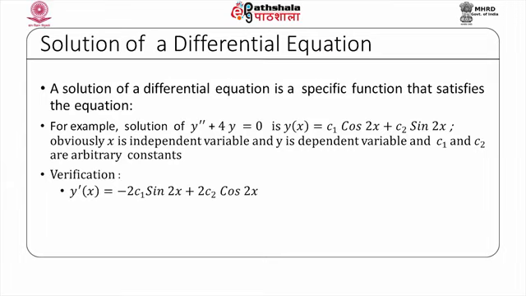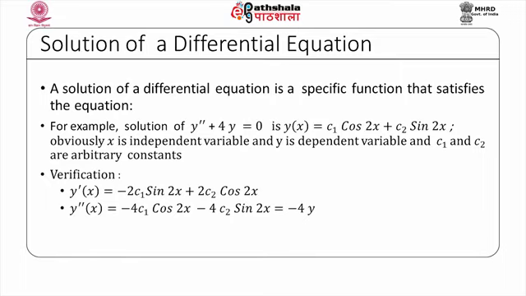Our differential equation involves the second derivative of y, y double dash plus 4y equal to 0. So, let us differentiate this y dash once more. The constant multipliers remain as they are. So, minus 2 c1 into the derivative of sin 2x, which is 2 cos 2x, gives minus 4 c1 cos 2x, plus 2 c2 into the derivative of cos 2x, that is minus 2 sin 2x, giving minus 4 c2 sin 2x.